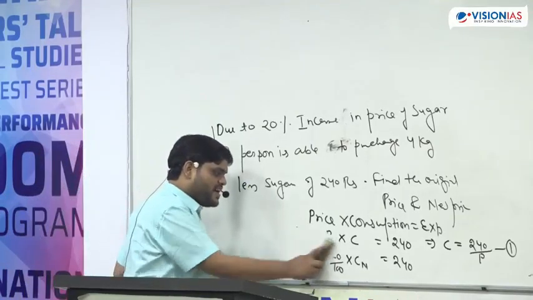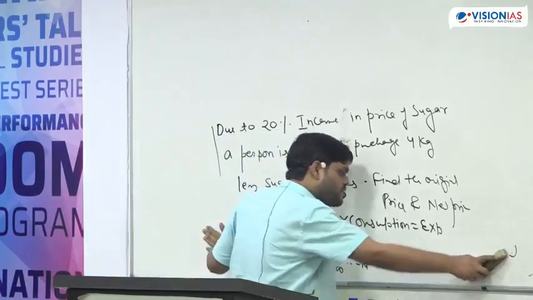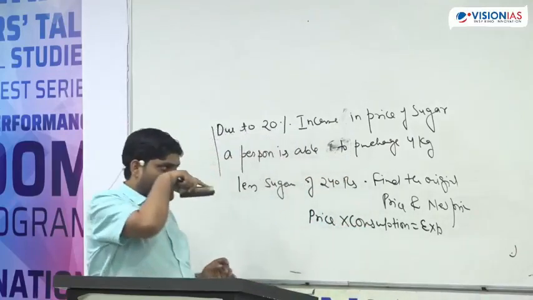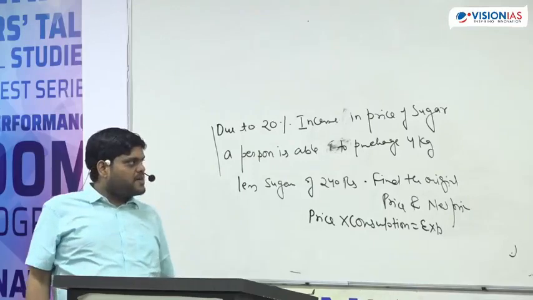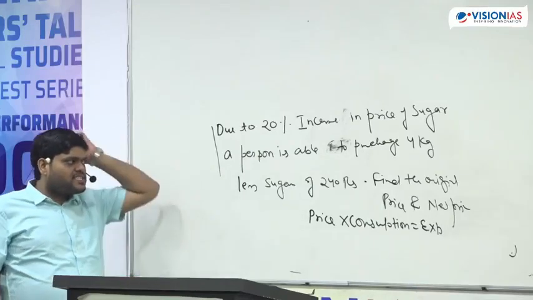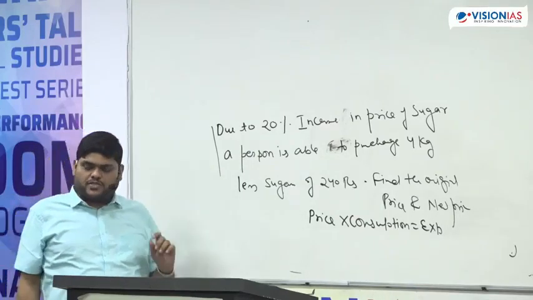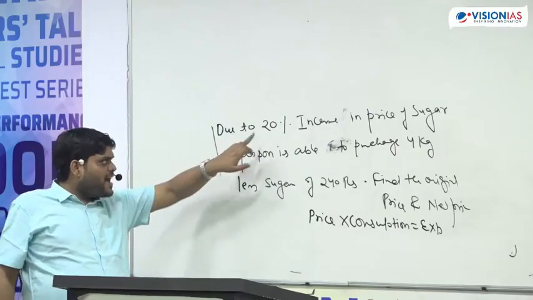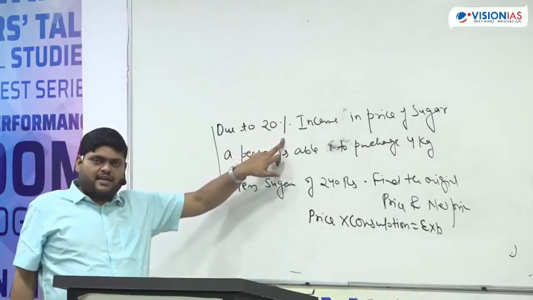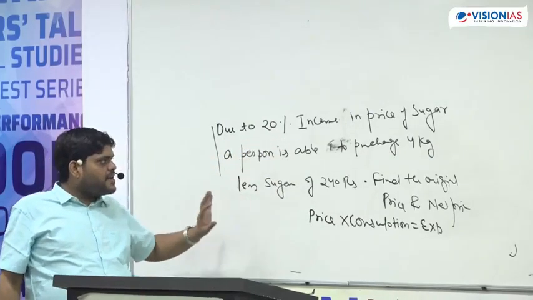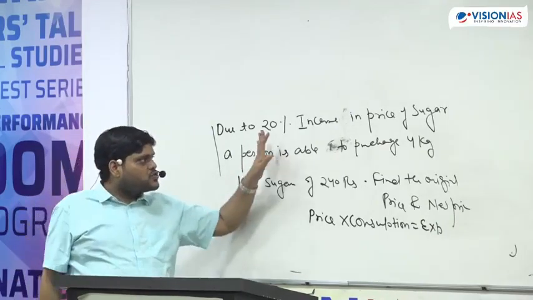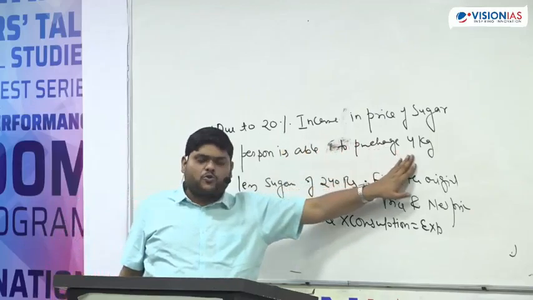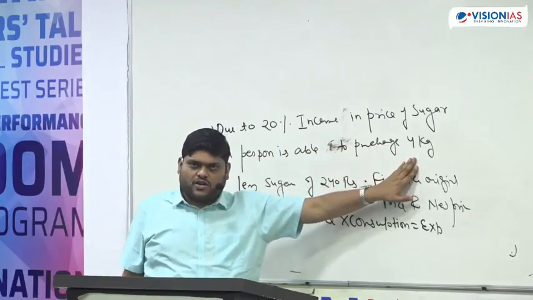The other way is: the price is increased by 20%, and now the person is able to purchase 4 kg less sugar for rupees 240. So when the price is increased by 20%, the person is able to purchase 4 kg less sugar, or not?